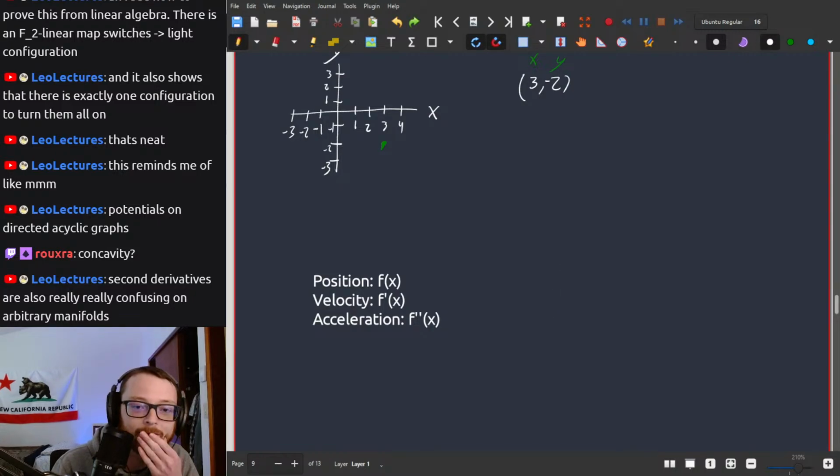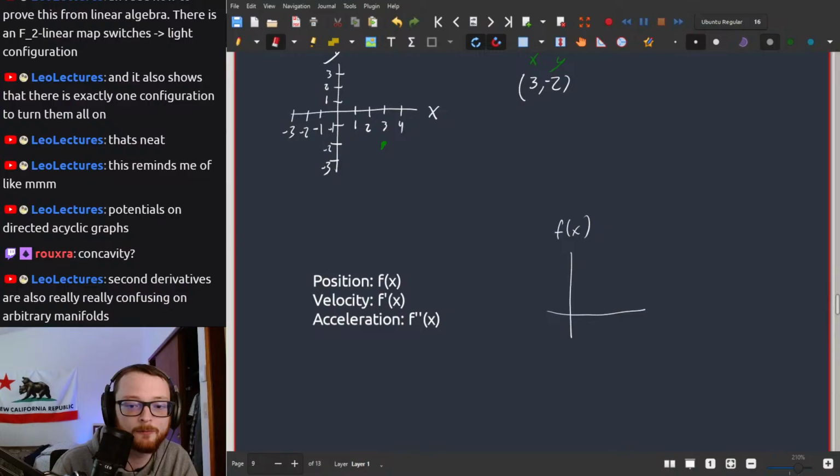If we're going to make a graph of our position, and x is, I guess maybe we could call it t for time, but it's not super important.